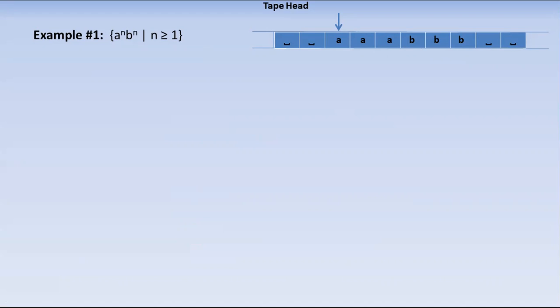Then again come back, count the second A, then again go forward to count the second B. So if our comparison 1 to 1 is valid, the number of A's and number of B's are the same. Now here my question is how to identify which A and which B we have already counted, and which A or which B we still have to count.